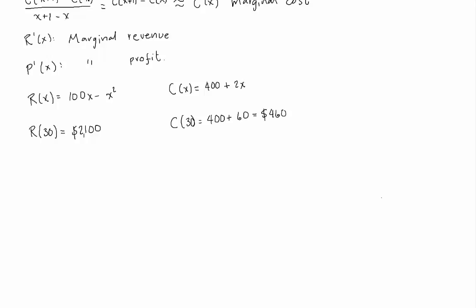And we know that the profit is the revenue minus the cost. So the profit at 30 would be the revenue at 30 minus the cost at 30. In this particular case, it would be 2,100 minus 460.